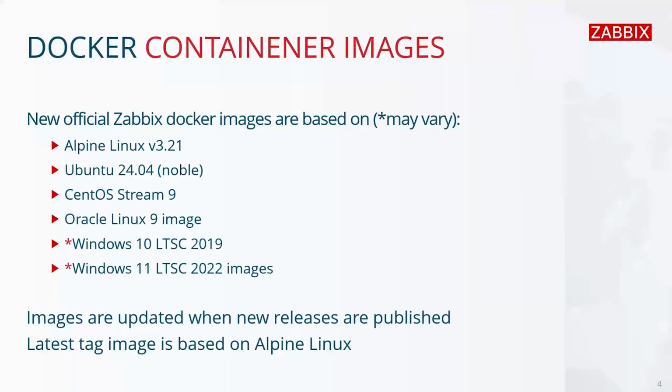These images are based on different operating systems. You can choose from the available ones, and the images will be updated when new releases are published. Also, if you don't specify an operating system version and just select the tag latest, you will get an Alpine Linux version.